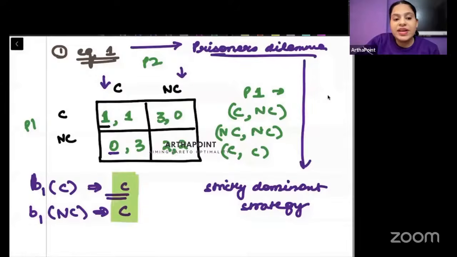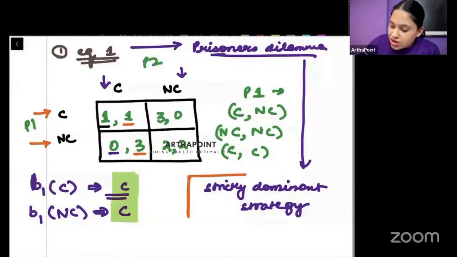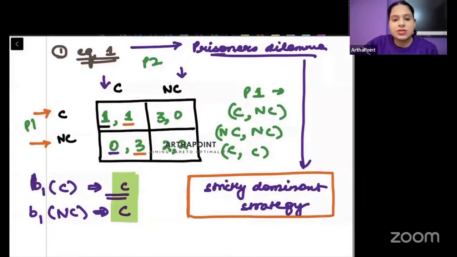So the best response for player 1 is always the same, that he will commit to crime. Same is the case with player 2 also. When player 1 is committing to crime, best for player 2 is this. When player 1 is not committing to crime, between 3 and 2, this is this. So we saw that there was a strictly dominant strategy in this case.